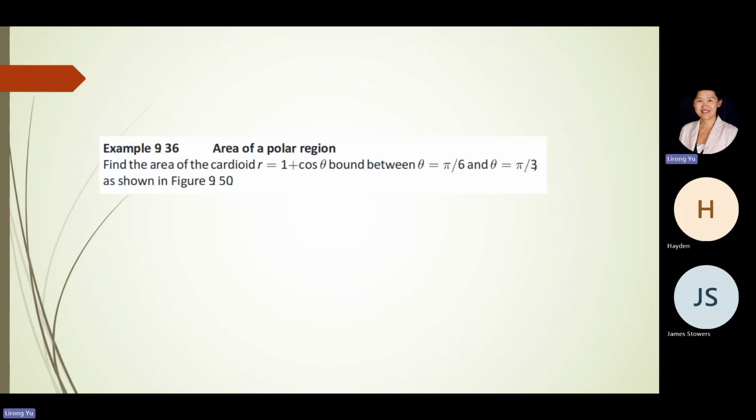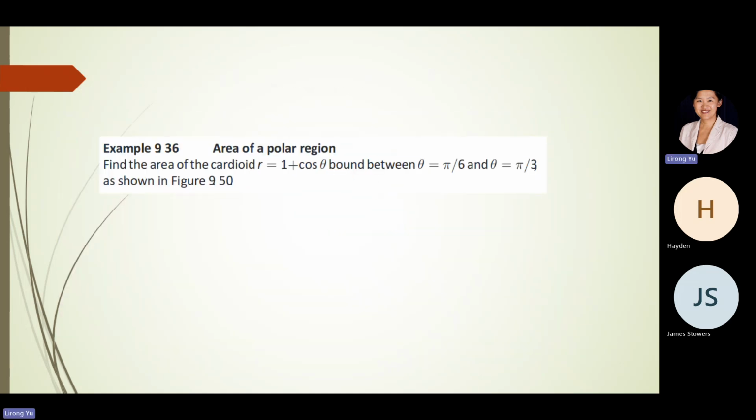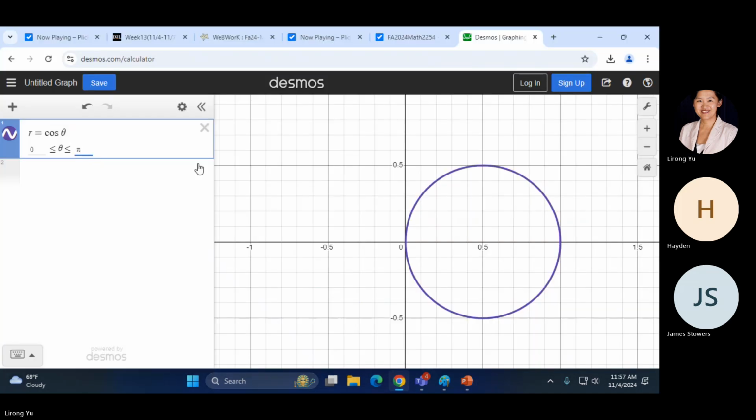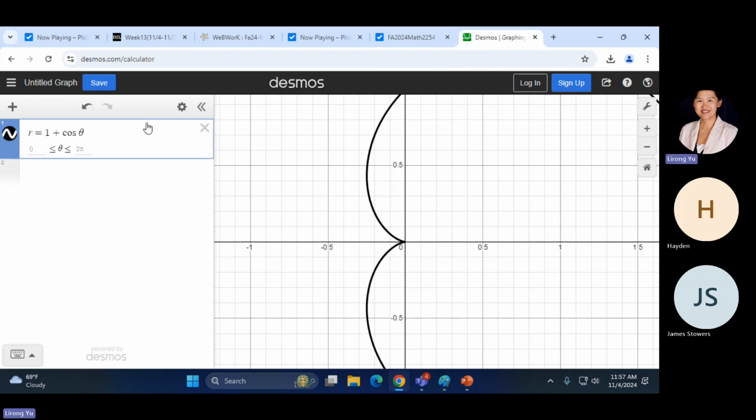All right, this is calculating the area of the cardioid, bound between theta equal to pi over 6 and theta equal to pi over 3, as shown in this figure. Is it not in here? I'll draw the picture myself. So we have R equal to 1 plus cosine theta.